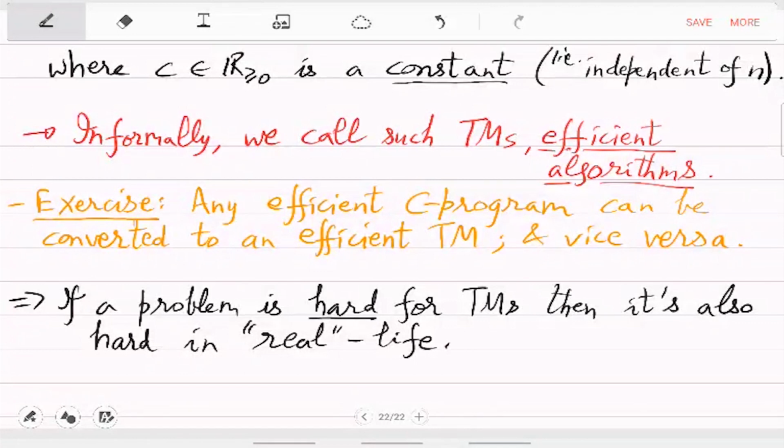Right. So that is why Turing machines are so popular amongst theoreticians, because if we show that some problem is very hard for Turing machine, then it will be very hard also for any kind of realistic computation.